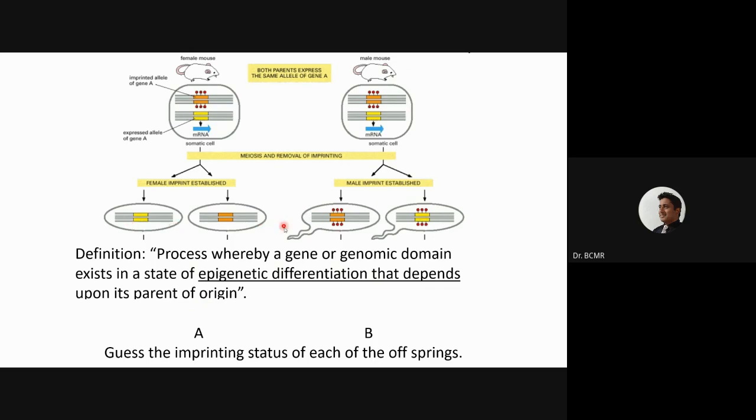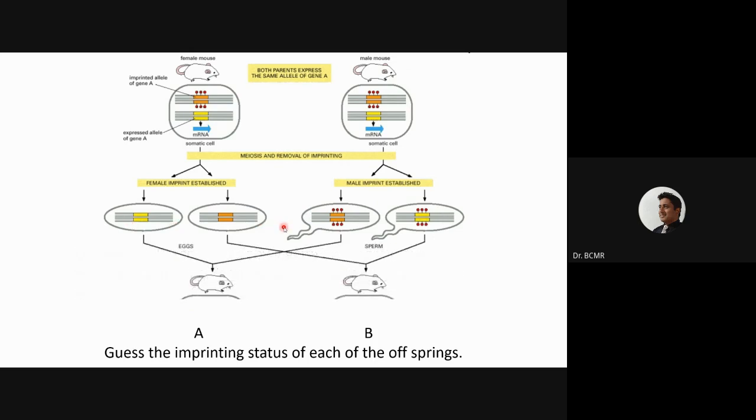Okay, the same case. So now, if we think that these two have mated, and this is one gamete, an egg, and this is a sperm, they would have fertilized and given rise to an offspring. The same, assume there are two offspring.